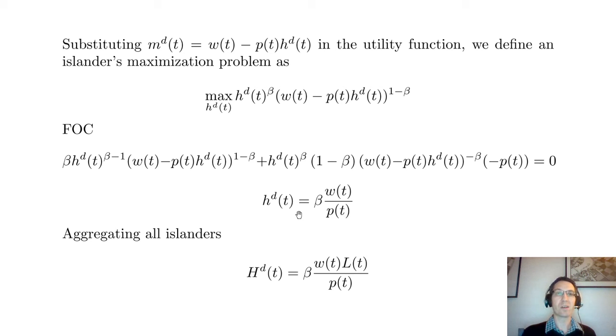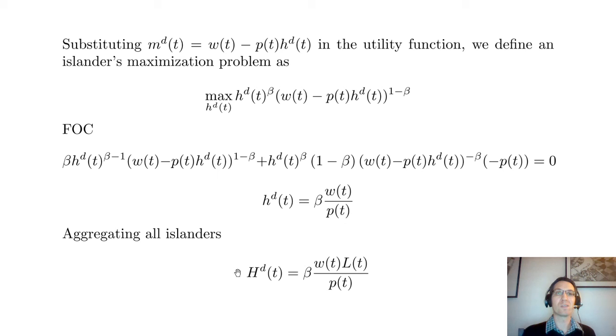Now, if I want to use the fact that harvest demand equals harvest supply, I have to aggregate the demand of one islander, taking into account that all our islanders are identical.